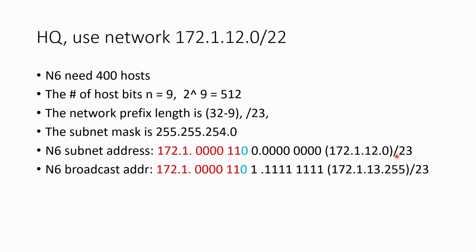So that is the range for N6. Now, we finished this HQ's LAN. The next available address is obviously 172.1.14.0/23. That is available for the links.